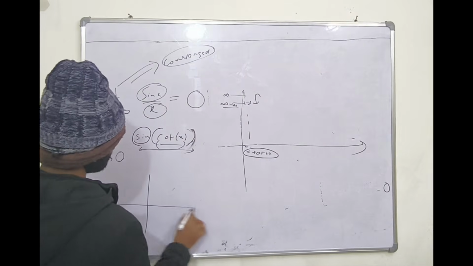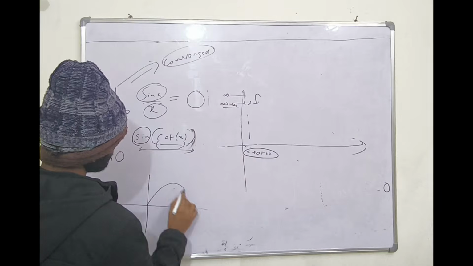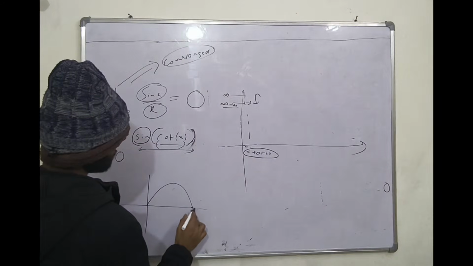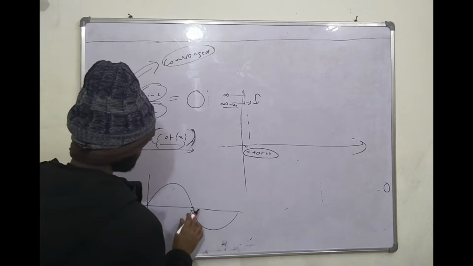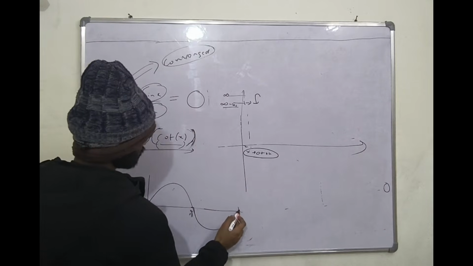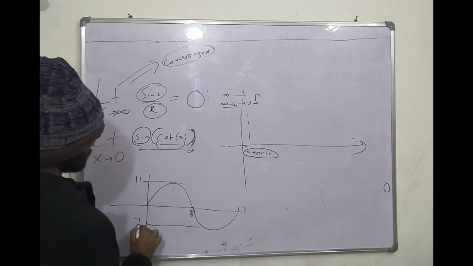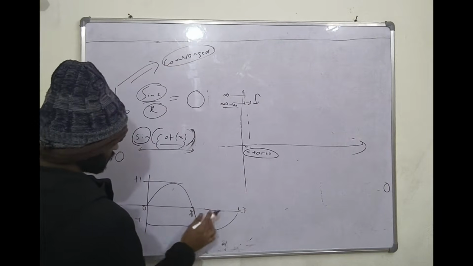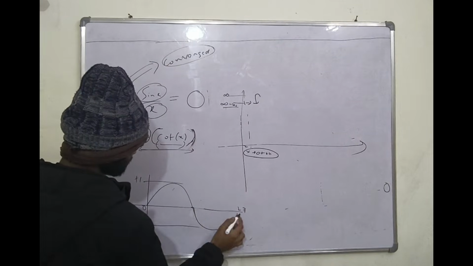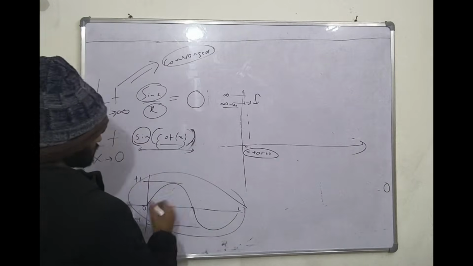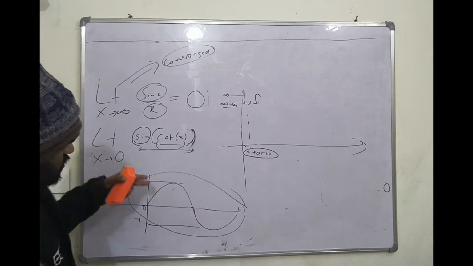What is the sine graph? Sine 0 is 0, sine pi is 0, sine 2 pi is 0, and it varies from plus 1 to minus 1 within the difference of 2 pi.